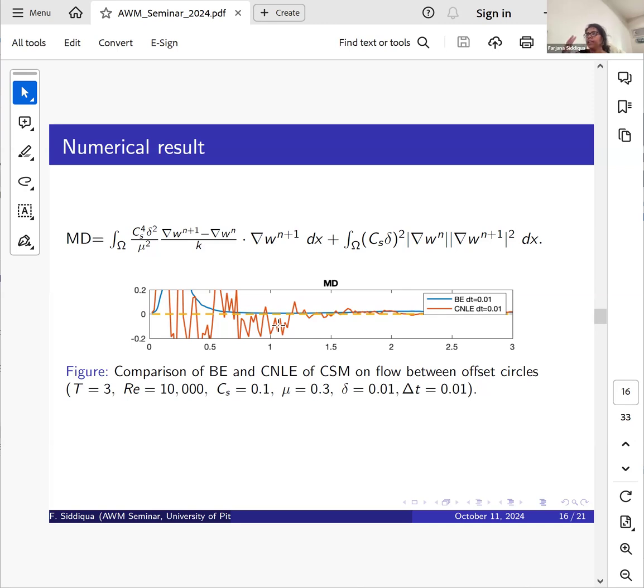It's not helping us; it's hiding those negative values. Crank-Nicolson is telling us that yes, your model is okay, showing the flow of energy from fluctuation back to mean. So this corrected Smagorinsky model is sensitive to the time discretization method we choose. Because Crank-Nicolson has no numerical dissipation, it nicely captures the phenomenon we are looking for, where backward Euler is failing.